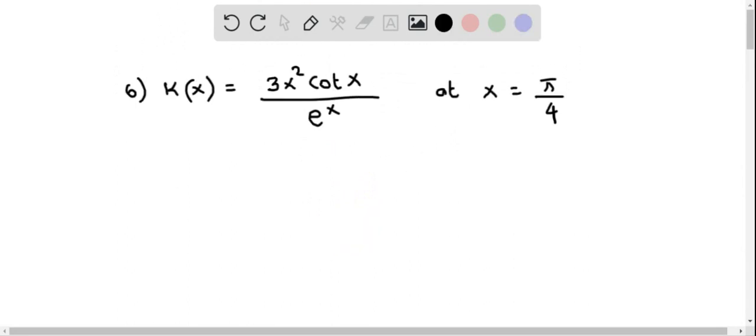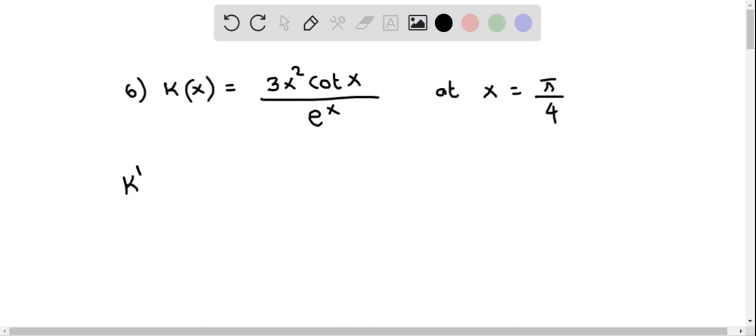We now find the derivative of k of x at x equal to pi by 4. So here we have the function k of x equals 3x squared times cotangent x divided by e power x. Basically this is a quotient function, so to find its derivative, we have to apply the quotient rule. So let's do that.